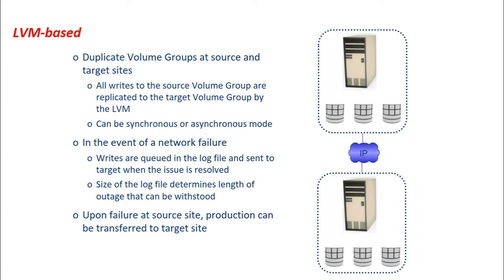Prior to the start of replication, identical volume groups, logical volumes and file systems are created at the source and the target sites. Initial synchronization of data between the source and the replica is then performed.